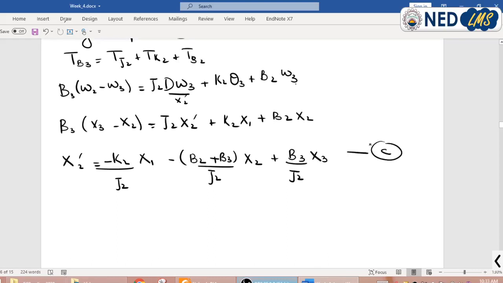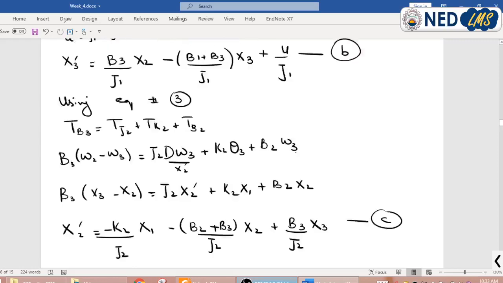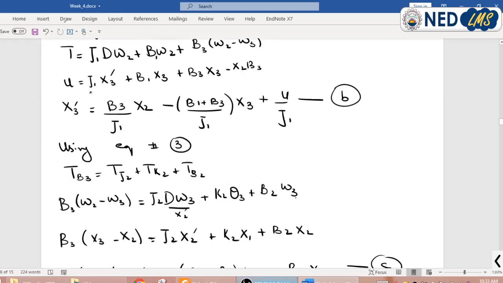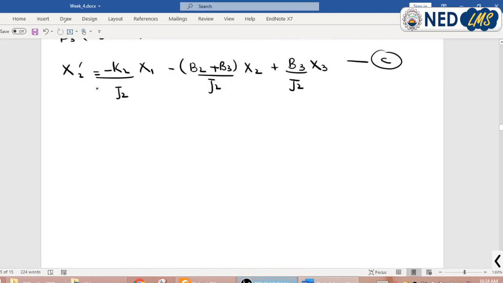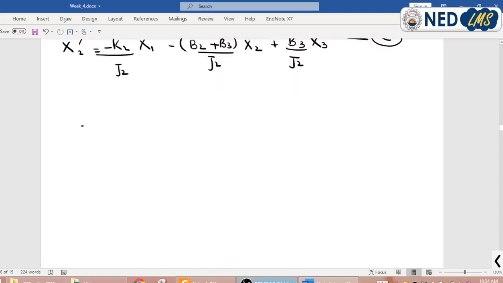So we have evaluated all three state variable derivatives, x1 dash, x2 dash and x3 dash. Now we want to write them in state space representation.